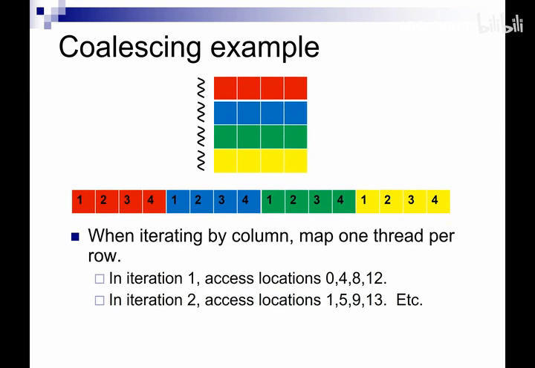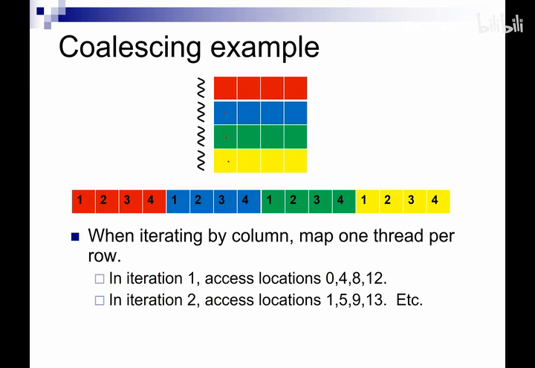Now let's change this so that we access this matrix column by column. On the first iteration of these 4 threads, we need to read these locations: a red location, a blue one, a green one, and this yellow one. Where are these locations stored?